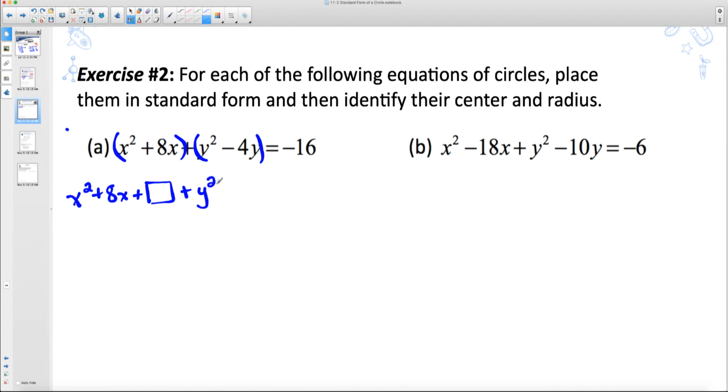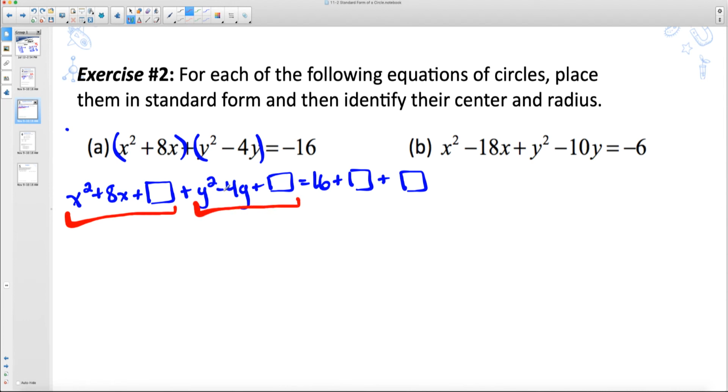So at this point, we could go ahead and start thinking about how we're going to be completing the square for both of these. So again, I'm adding it to both sides. All right, so we're completing the square for this and completing the square for this.